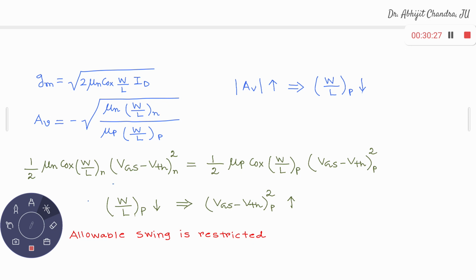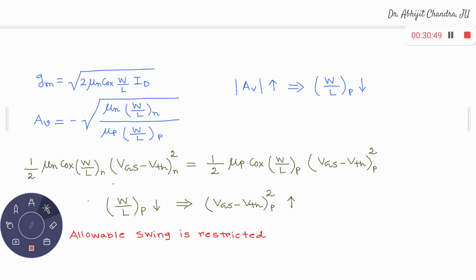At the cost of the allowable swing. That is restricted, right? That is one problem. And the second problem is, okay, so this problem can also be addressed. This can also be arrested by something. Then your circuit becomes even more complicated.